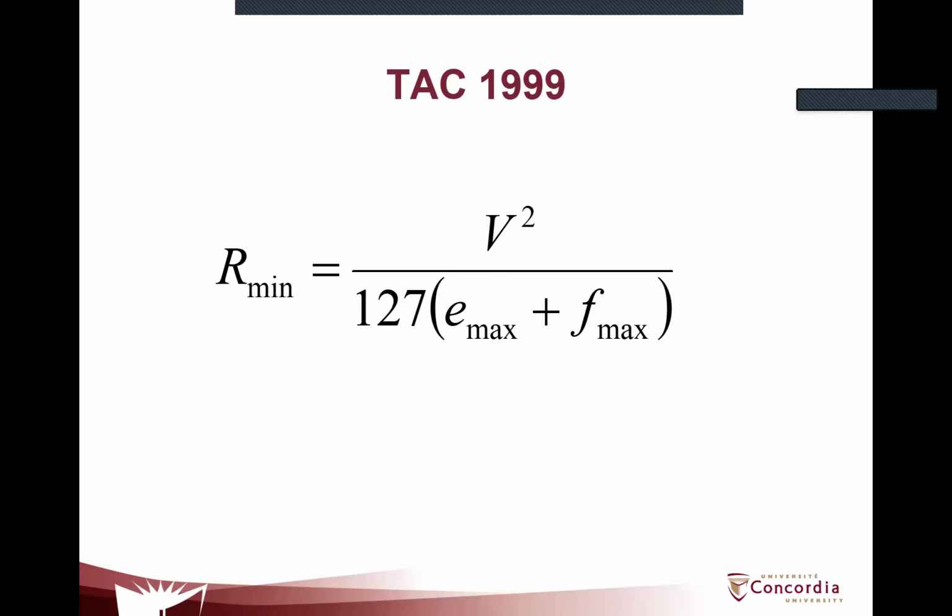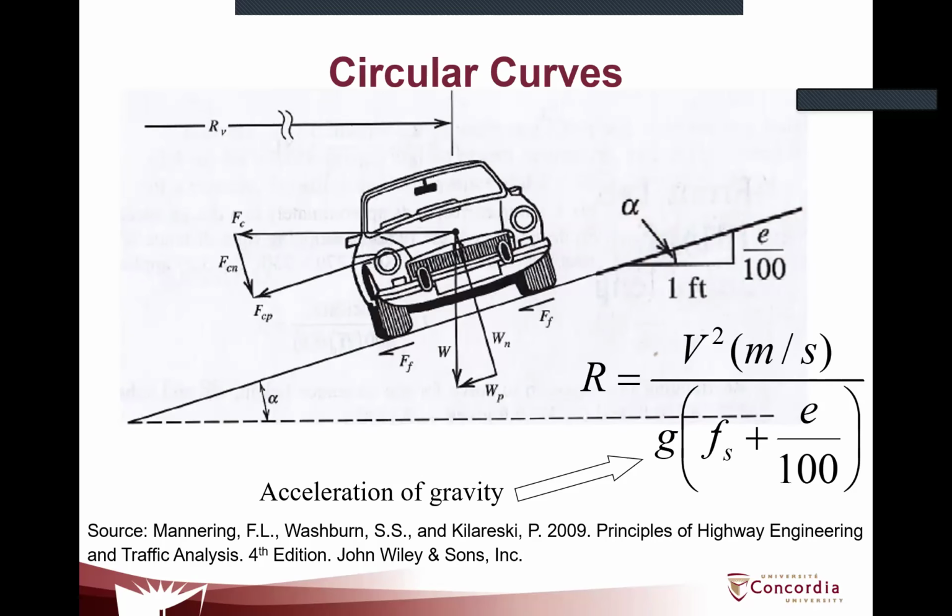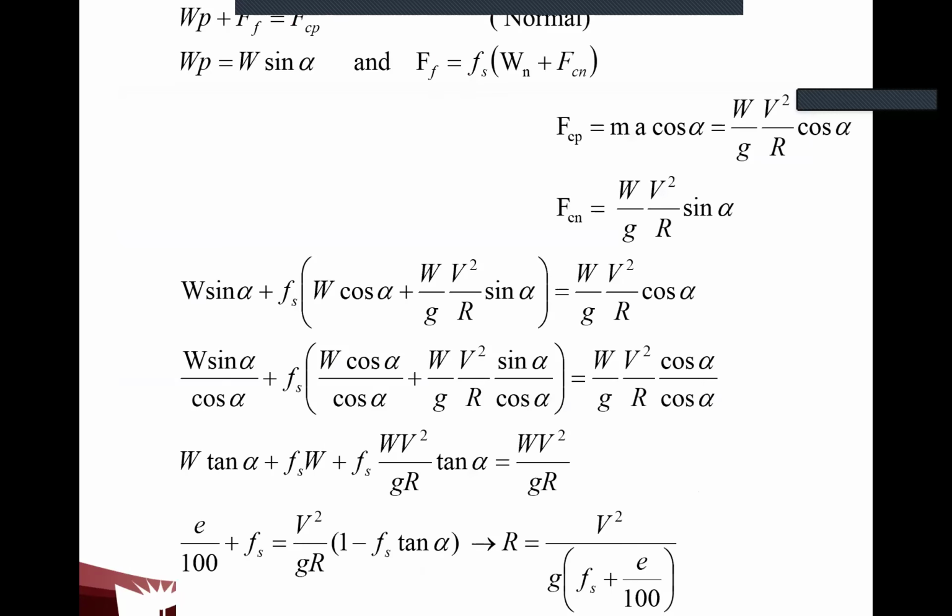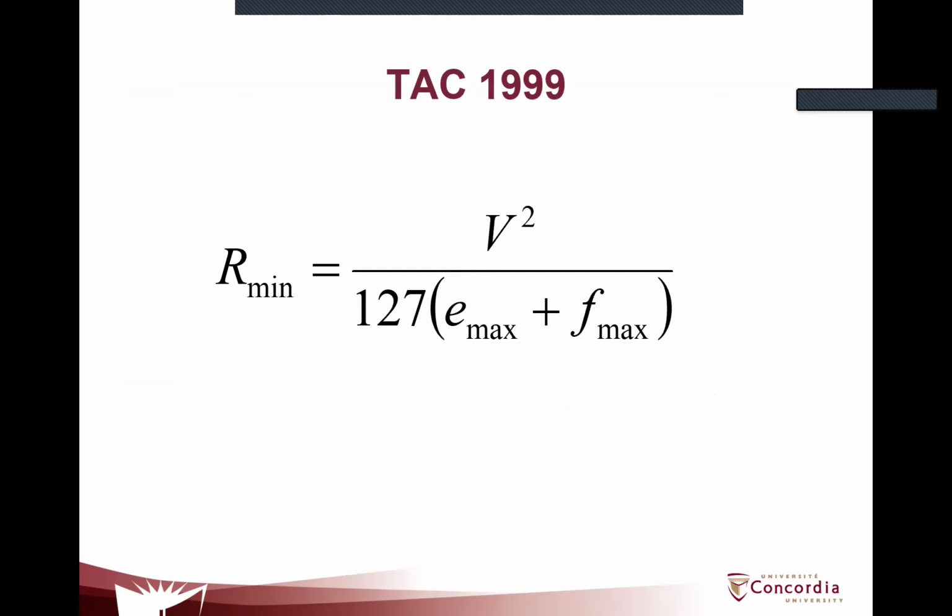TAC in Canada has this alternate equation. The only difference is that one of these equations, depending on the constant, is for metric units and the other one is for imperial.